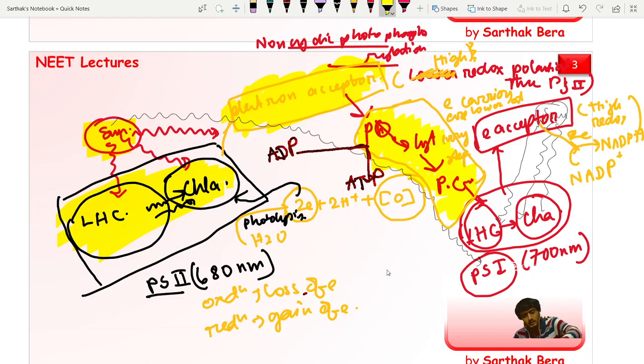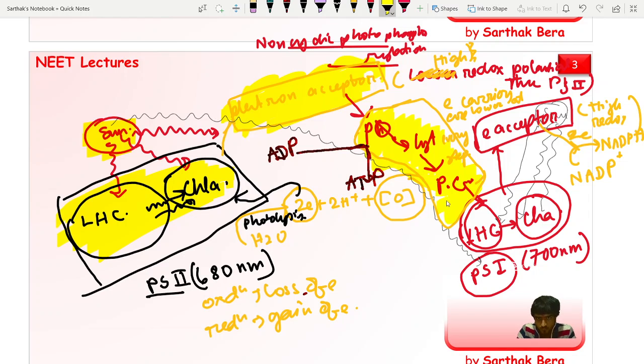While passing the electron, first the electron comes to plastoquinone, which has a higher redox potential than cytochrome, and from cytochrome the electron passes to plastocyanin. Cytochrome has a higher potential than plastocyanin, so successively the redox potential is getting lower.